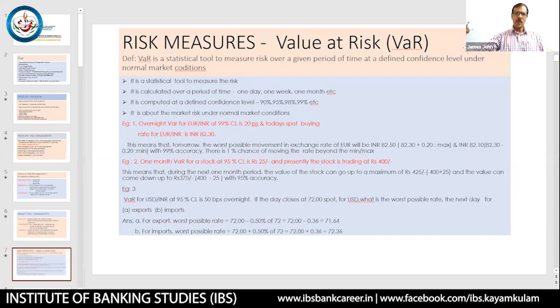So don't misunderstand, this 50 basis points is not 50 paise. 50 basis points means 0.5%, because 100 basis points is 1%. So you have to calculate 0.5% of 72, and you add and subtract. And you look at the exporter's angle and the importer's angle, and what is the loss or additional profit they are generating, that you have to look into.